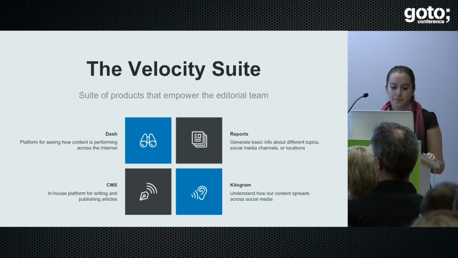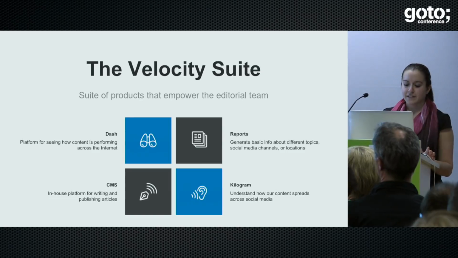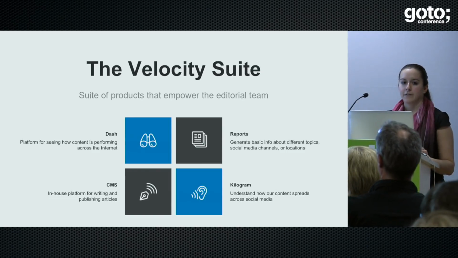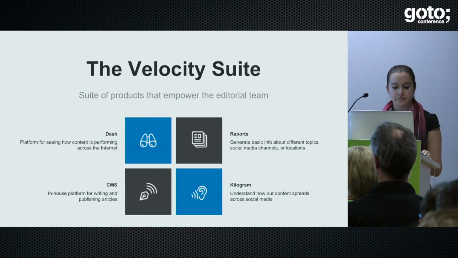So the platform helps the editorial team source this content by crawling the web for content that is going viral. And we determine virality based on the velocity, if you will, of shares, so how quickly shares are accumulating.